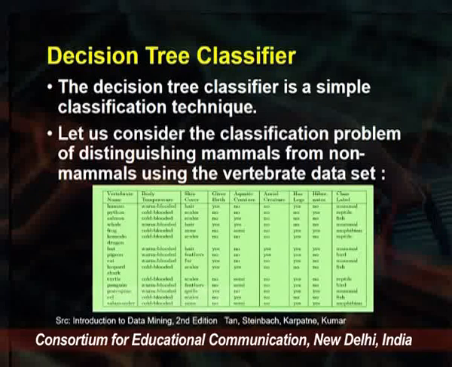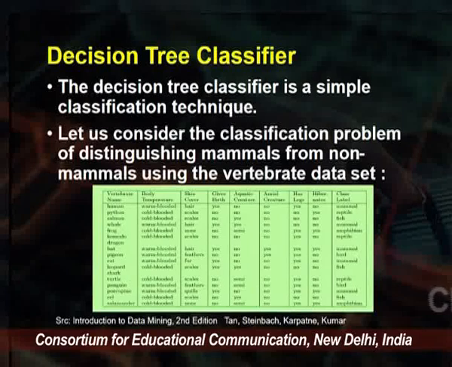So decision tree classifier is basically a very simple classification technique, right. So again we are looking at the problem of classification of vertebrates, right. If you remember, in the last lecture we had taken this example where we have a data set of vertebrates and we are going to classify them as mammals and non-mammals.